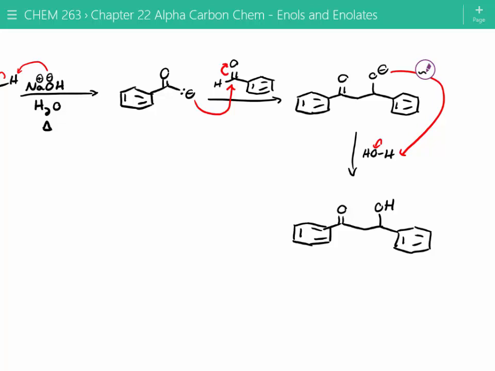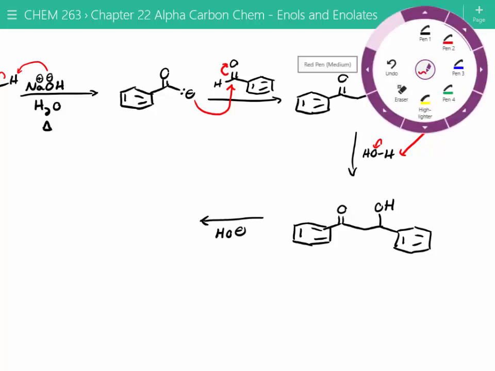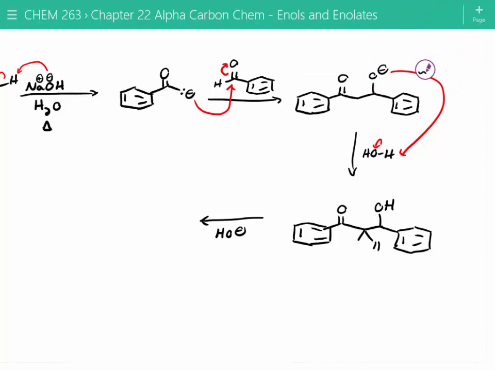Yeah. We'll grab another alpha proton and then kick off what? Hydroxide. Yeah, kick off hydroxide. So in this case, we'll draw this. Let me draw my alpha protons too so we can clearly see that we're grabbing them.